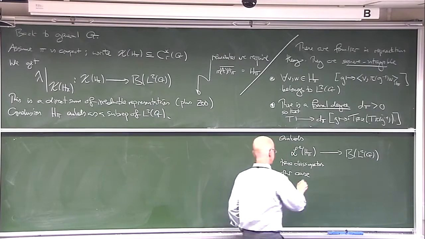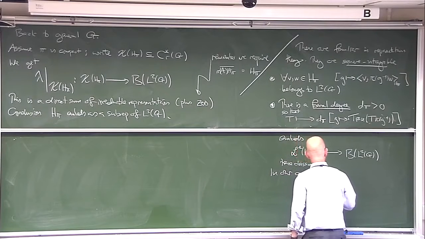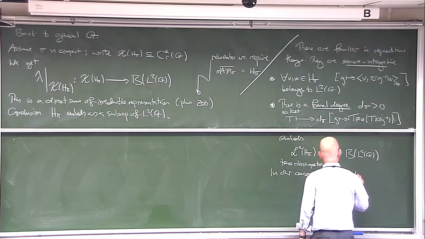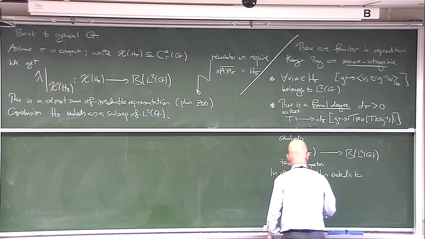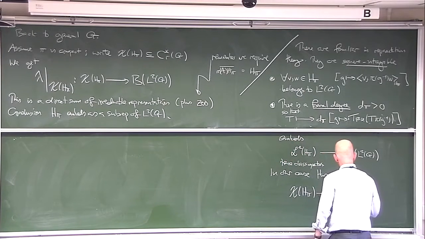This actually extends to, well, the extension you always have, but the target you don't always have. You always end up in the C-star algebra of G.